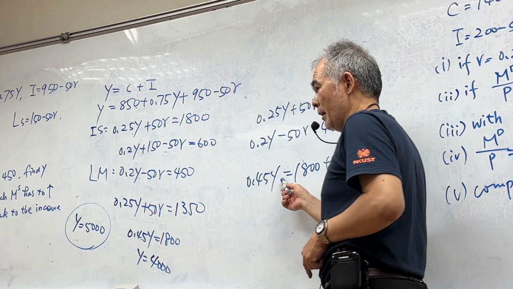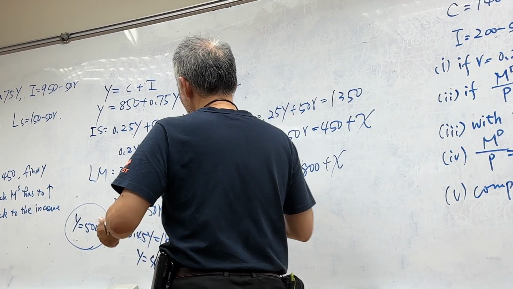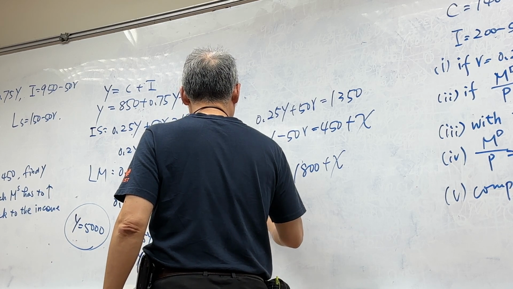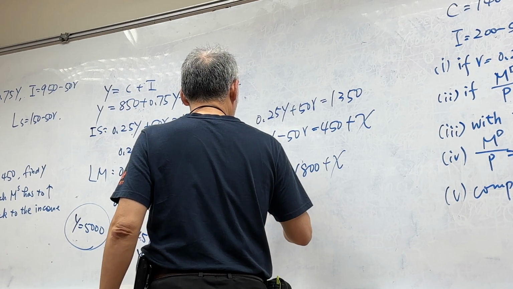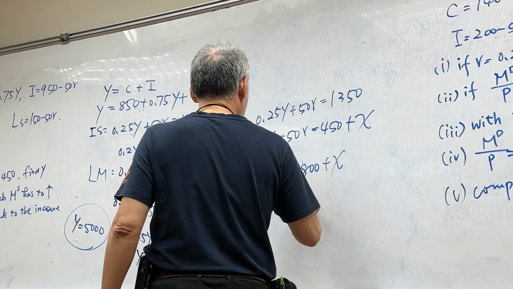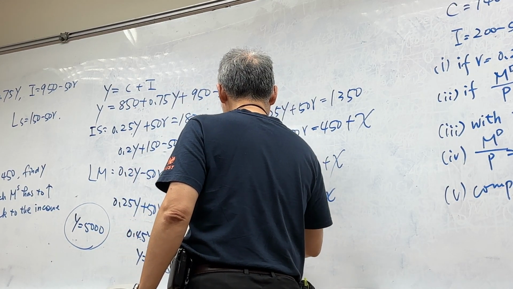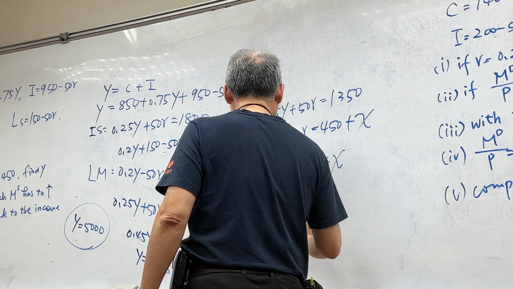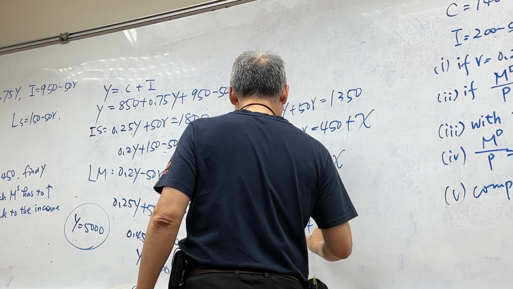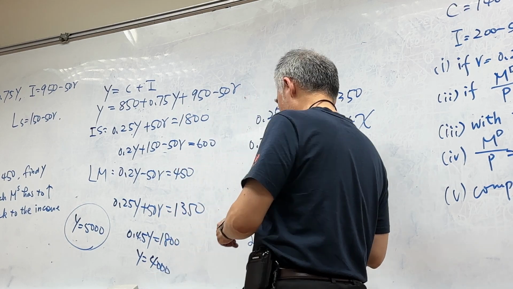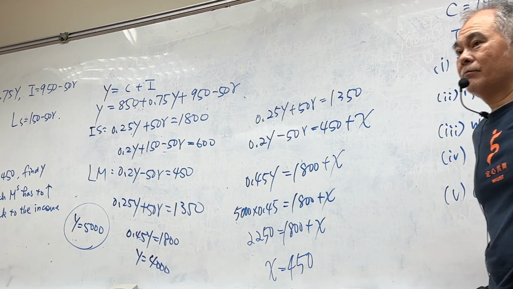So you know Y, Y is 5,000. So 5,000 times 0.45 is equal to 1,800 plus X. This is 2250 equal to 1,800 plus X. So X is actually equal to 450. Questions?